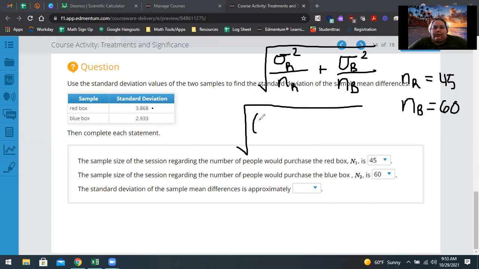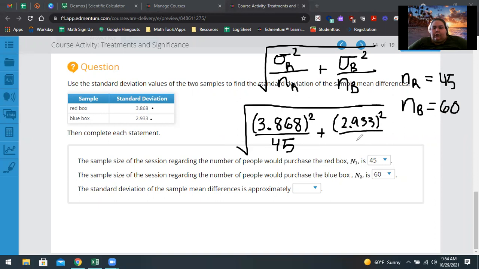So I'm going to put this in parentheses, 3.868, and we're going to put this to the 2 power all over the sample size of the red box, which is 45. Now it's going to be plus the parentheses. We want the standard deviation of the blue box. So that's 2.933. So we have 2.933 to the 2 power, and this is going to be all over 60 for the sample size.